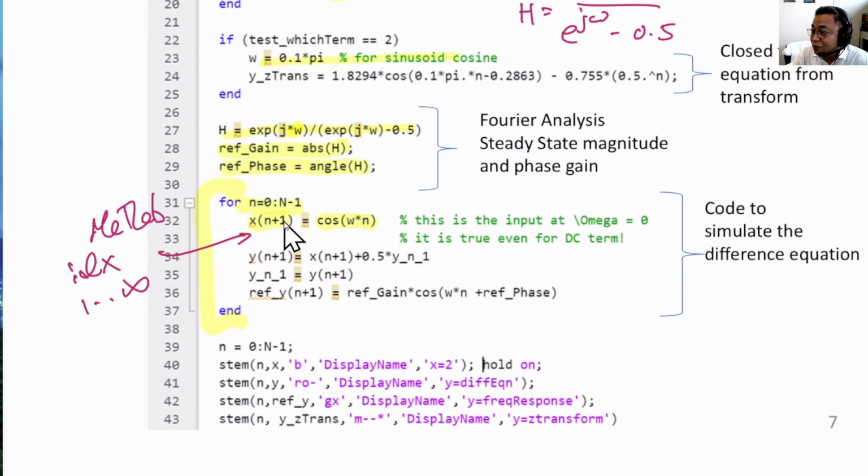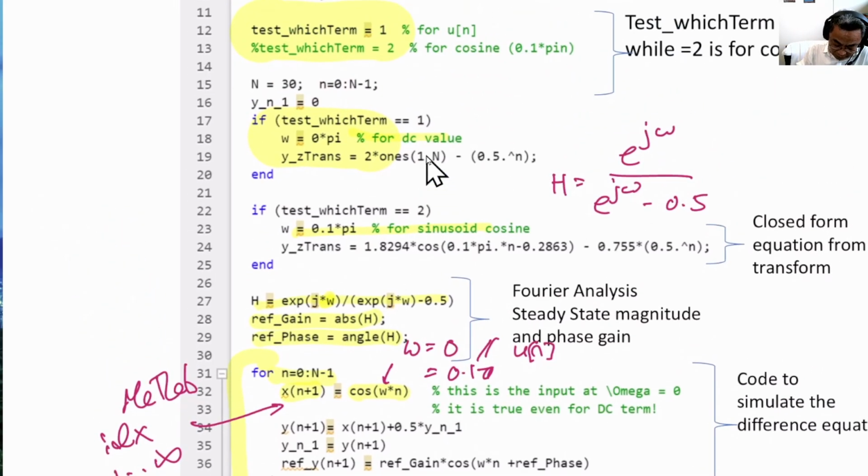So x of n plus 1 is really the term x at time 0. Anyway, we are going to use cosine 0.1 pi n or cosine 0 times n, so omega depends on whether it is 0 for the unit step, because the unit step has no change of frequency, or 0.1 pi.